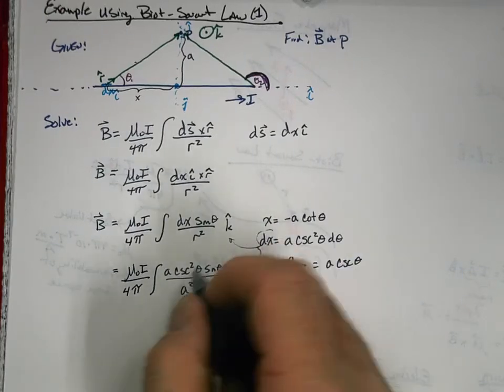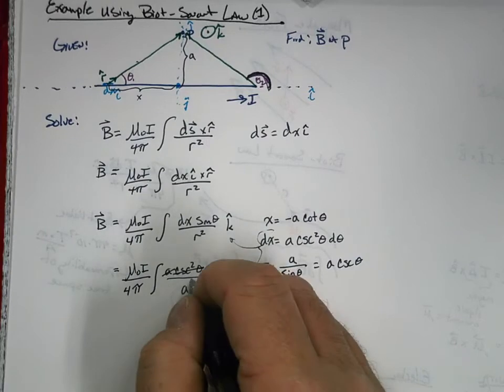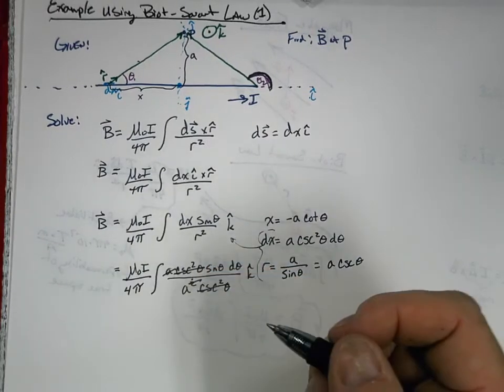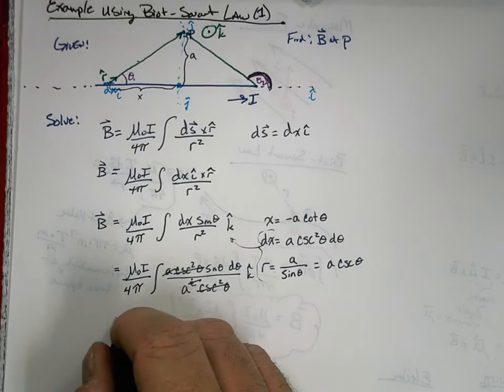That cosecant squared goes away with that one, and this a cancels with one of those. What are we left with?